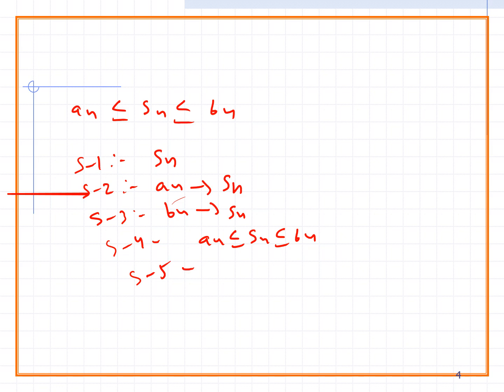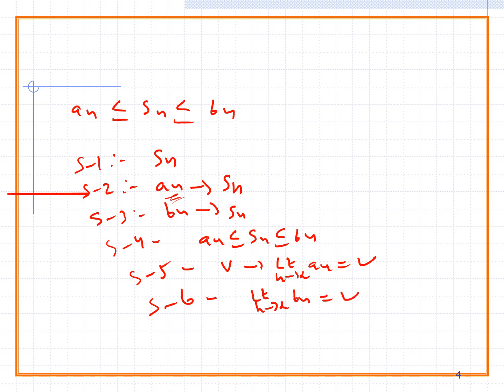The next step, step five: you apply the limit as n tends to infinity to An, and you get some particular value. That is step five. The next step, step six: in the same way, you apply the limit as n tends to infinity to Bn, and you get some value.